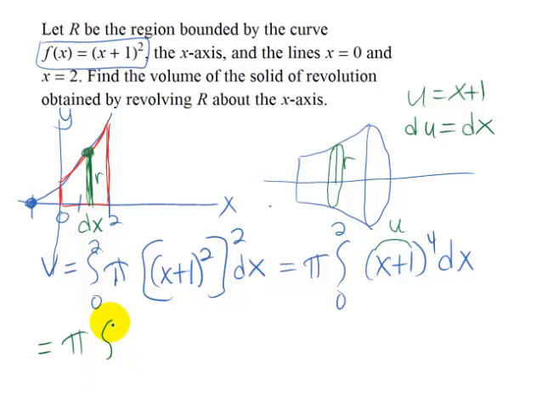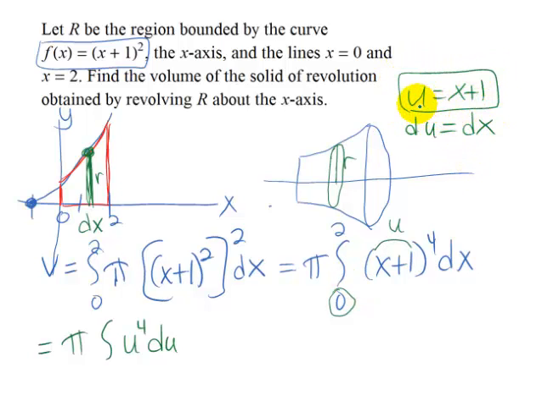Now we're going to need to change our limits of integration because we're going to express this in terms of u. If we put 0 in for x, we get u equals 1, so our lower limit becomes 1. And when we put a 2 in for x, 2 plus 1 is 3, so our upper limit is 3.